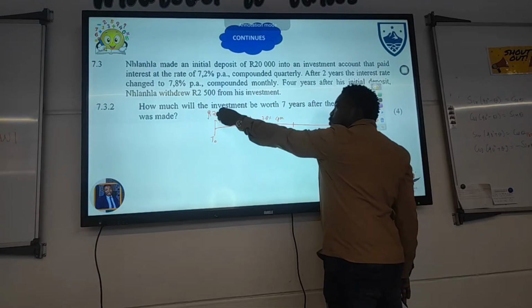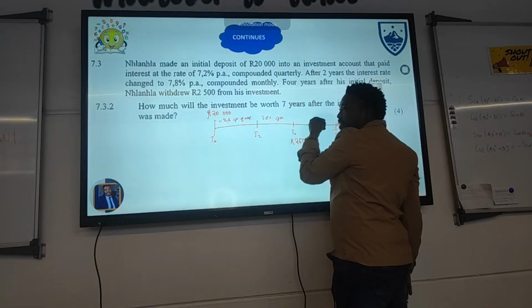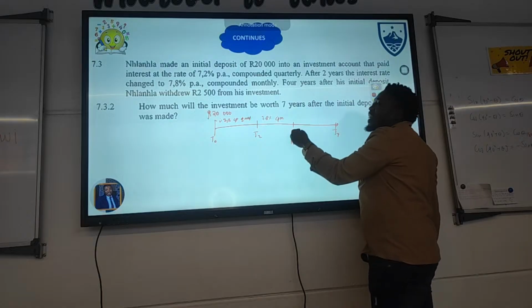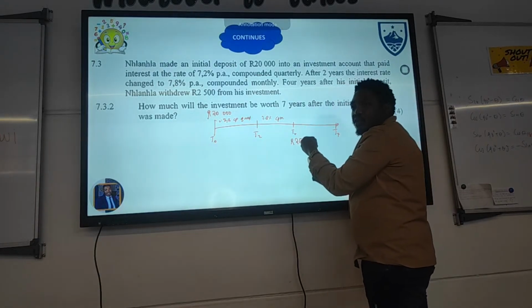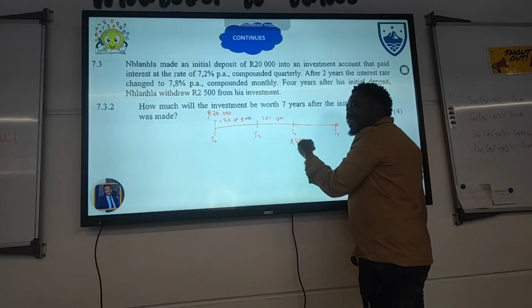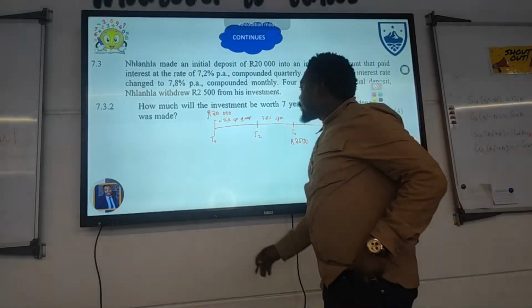We are going to take this 20,000 and run it until the end and see how much it's going to give us. Then subtract the 2.5 together with the interest it was supposed to have gained. So anything that you withdraw, you subtract together with the interest it would have gained.